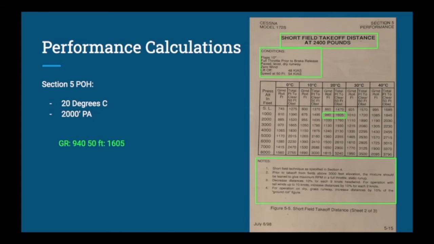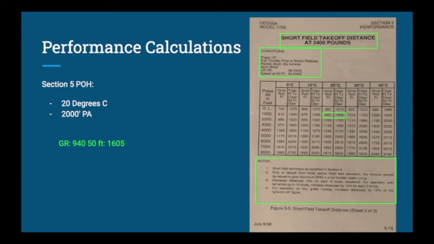Number 3 is an important one. Decrease distances 10% for each 9 knots headwind. For operations with tailwinds, up to 10 knots, increase distances by 10% for each 2 knots. So that says a maximum tailwind of 10 knots, and we're going to increase it 10% for each 2 knots.